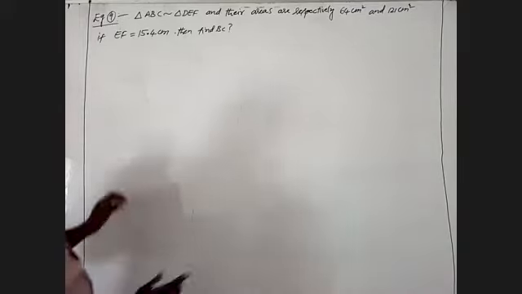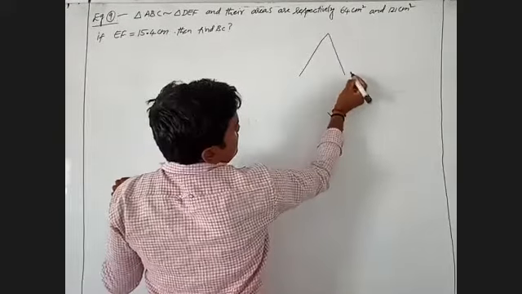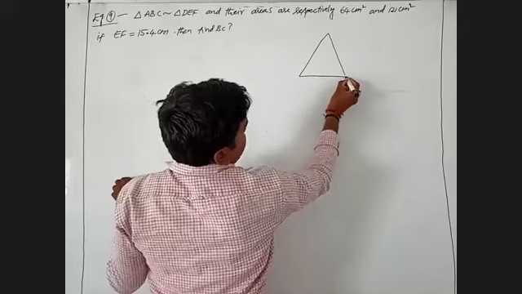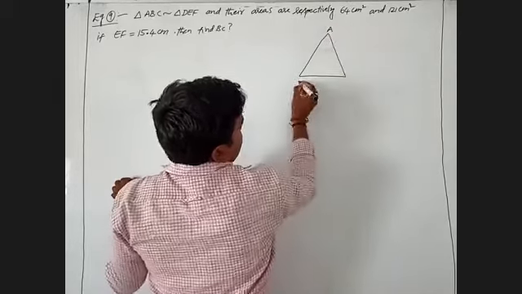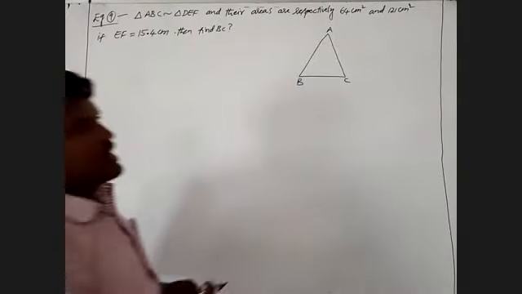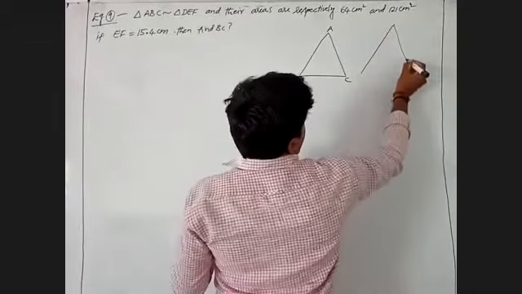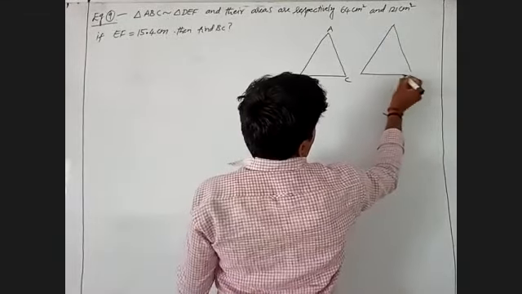We will observe. I will take two triangles. This is named as triangle ABC. After that we will take another triangle, that is triangle DEF.